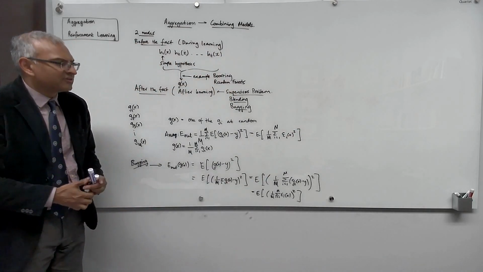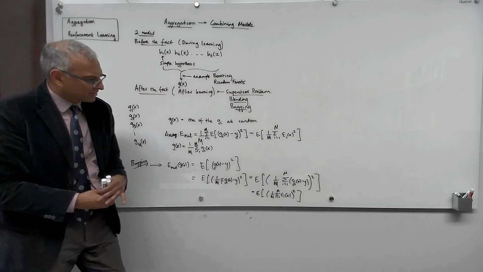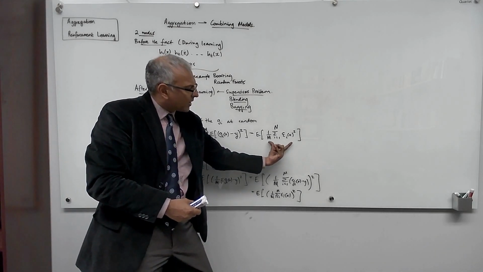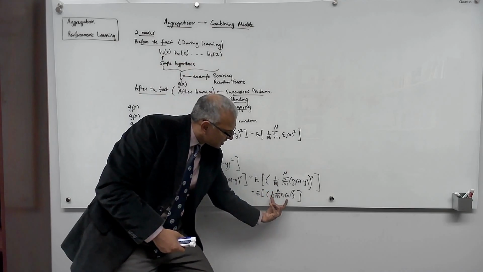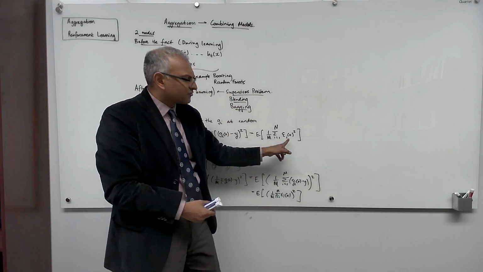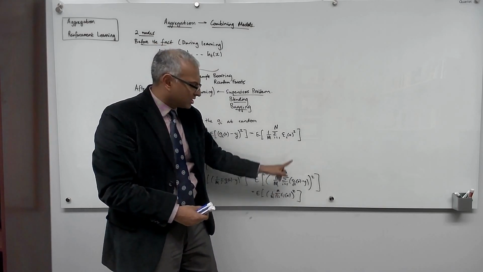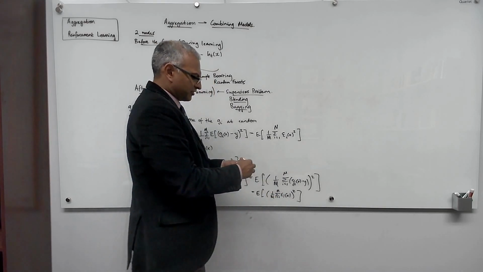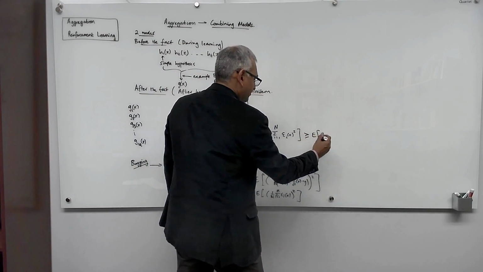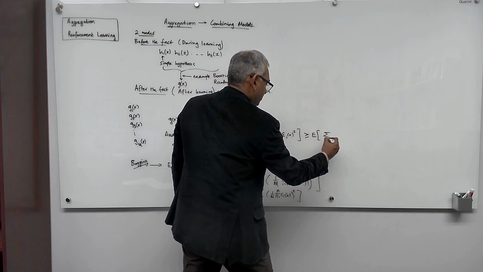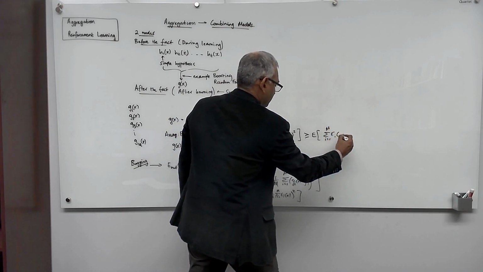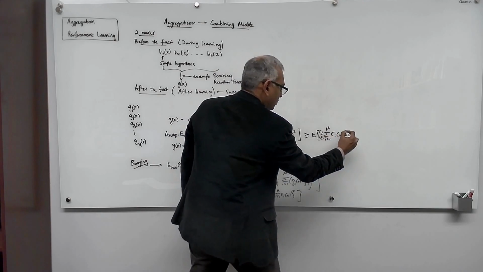And we see a very interesting similarity here. This is the average of squares. This is the average of those same things, squared. The average of squares is always larger than the average squared. So this is always larger than the expected value of (the sum from i equals 1 to M of epsilon_i of x times 1 over M) squared.